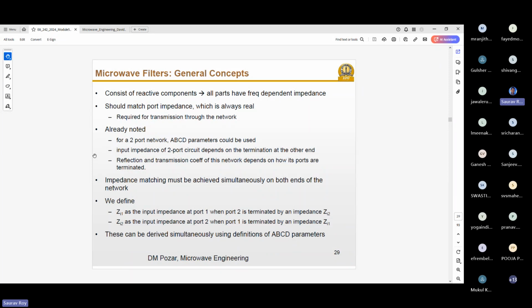From that gamma, you generally get alpha and beta, that means attenuation and phase shift parameter, which in the filter domain is actually linked to the stop band and pass band. So that's why these two parameters, image impedance and propagation constant, are very vital. But if you see all filter theory, the analysis is done at the network level itself.